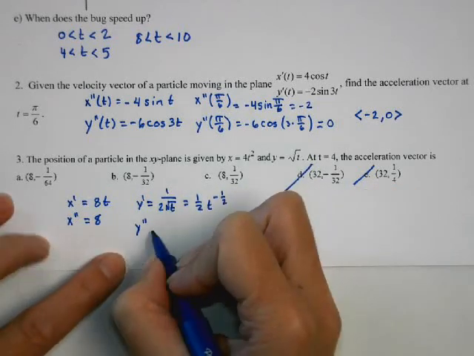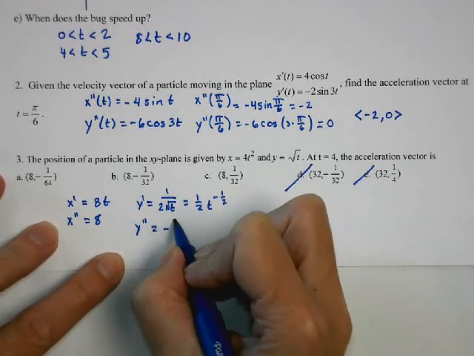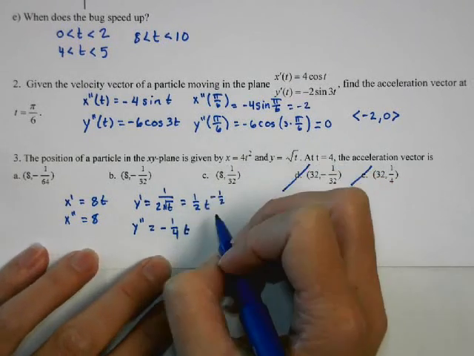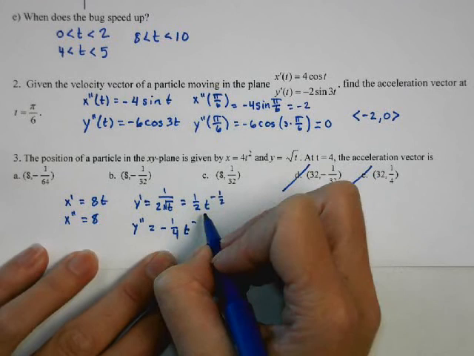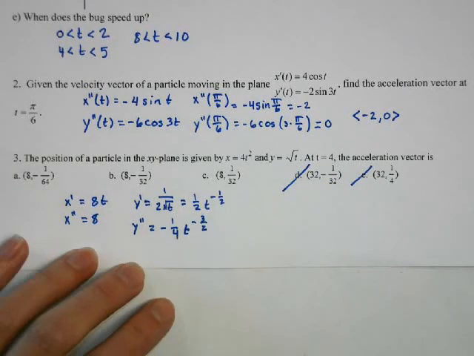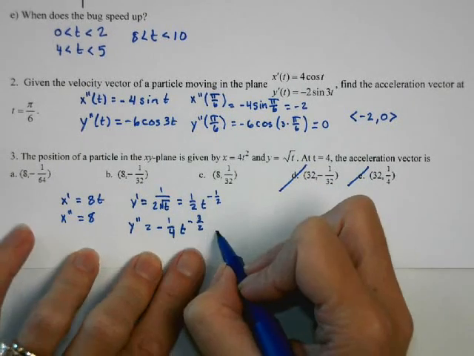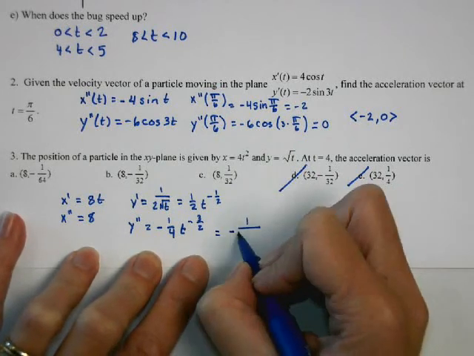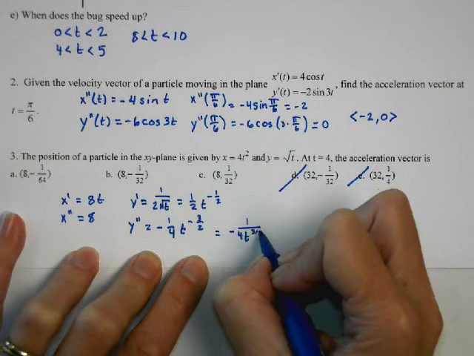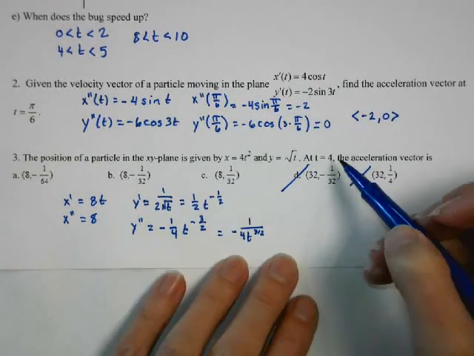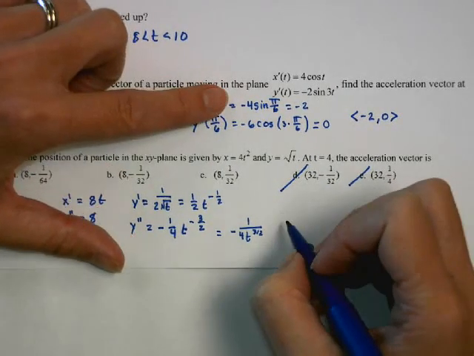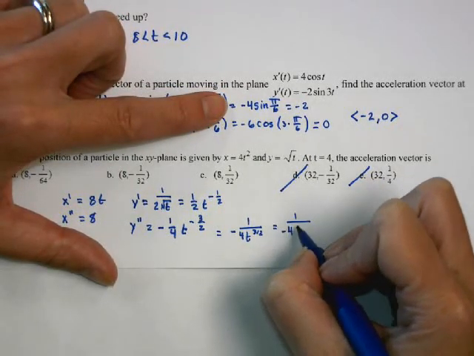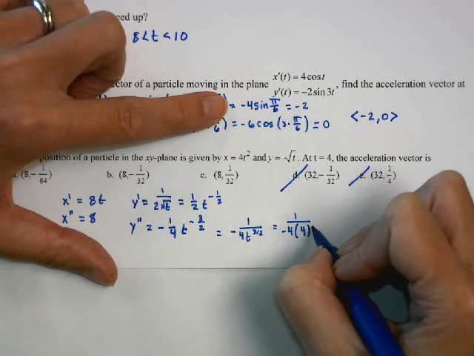So that's going to make it a negative 1/4 t to the negative, if I subtract 1, 3/2, which is going to equal negative 1 over 4t to the 3/2. And we're plugging in 4 here. So 1 over negative 4 times 4 to the 3/2.